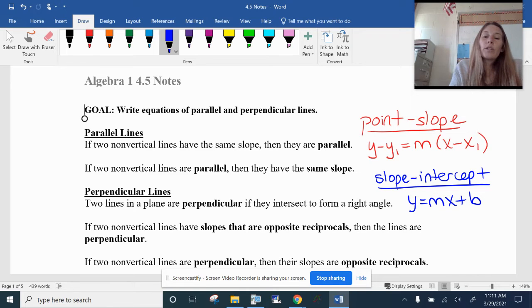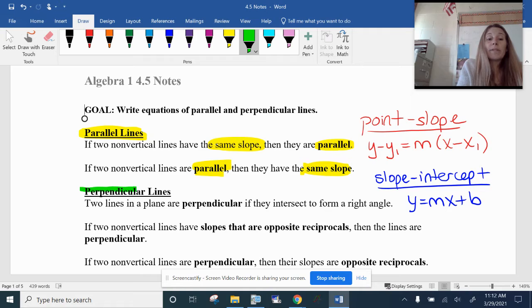Okay, so writing the equation of parallel and perpendicular lines. Now there's a couple important points here. When we talk about parallel lines, we're talking about two lines that have the same slope. If two non-vertical lines have the same slope, we would say that they are parallel. Just as if we see two lines that are parallel, then we know that they have the same slope.